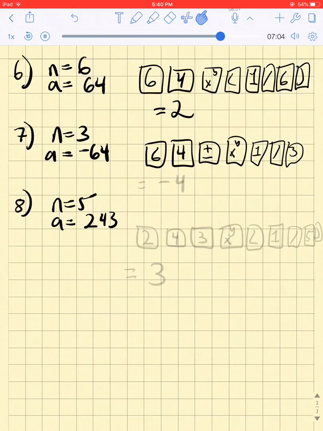So let me just reevaluate that again. 64, make it negative, and then x to the y, open parentheses, 1, division symbol 3, close the parentheses, and then I'm looking for an enter button, and the output I get there is negative 4.